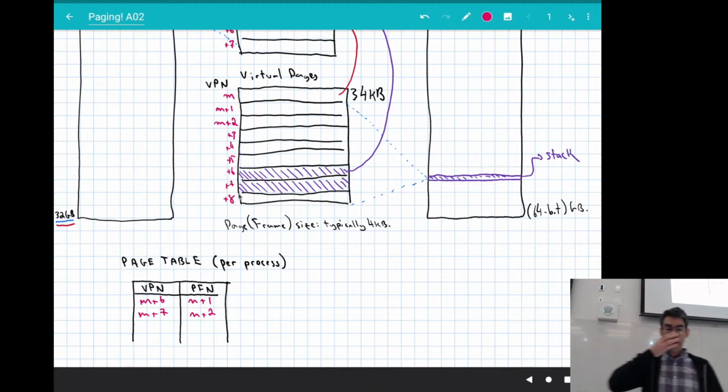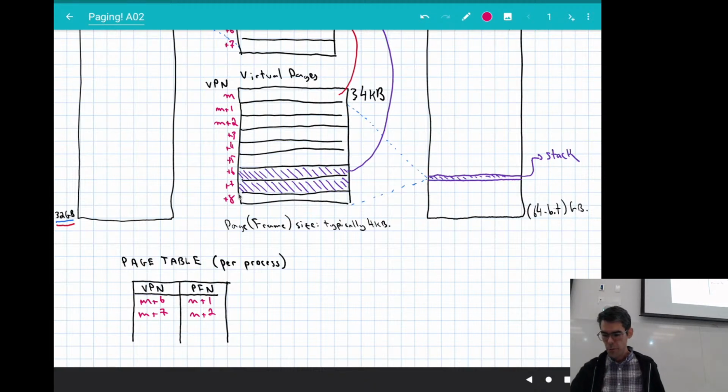So our page table here is going to be this array that represents page numbers in our virtual address space, and it will have a mapping to the physical frame number where that is actually stored. M plus 8 here is going to be an entry that doesn't have a value. It's not allocated by this process. We've only allocated 2 page frames for our stack, and so I'm just going to leave this as nothing. It's not been initialized. There's nothing here.